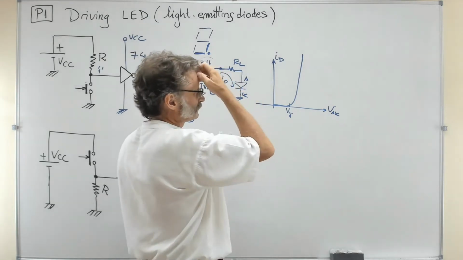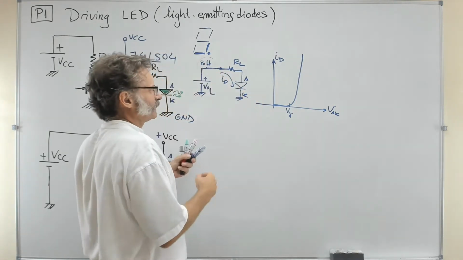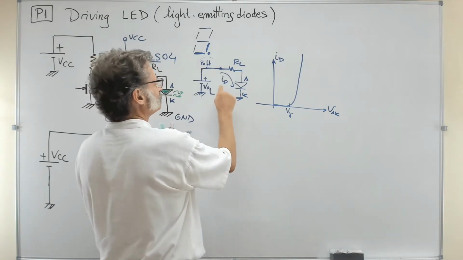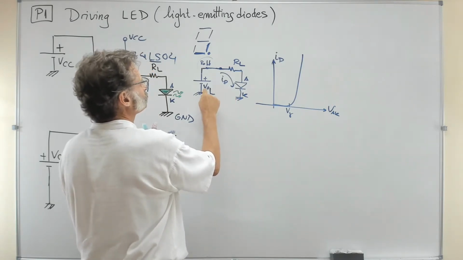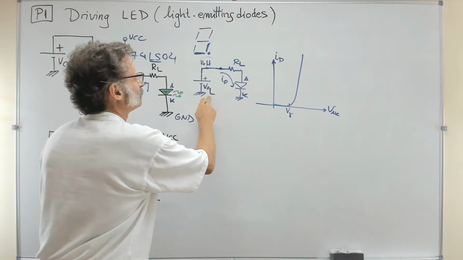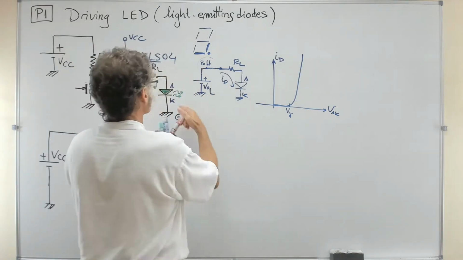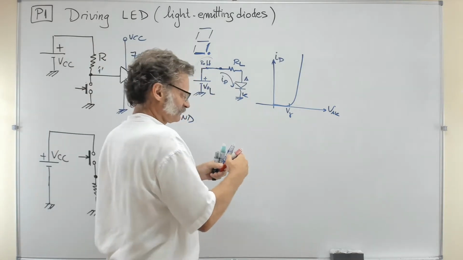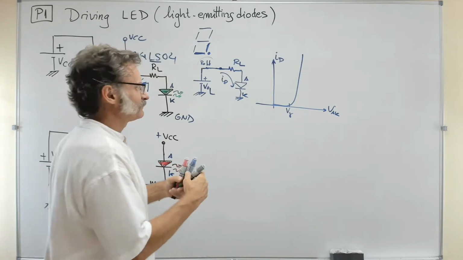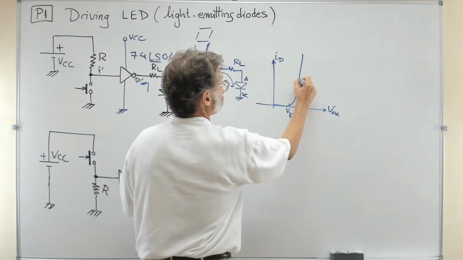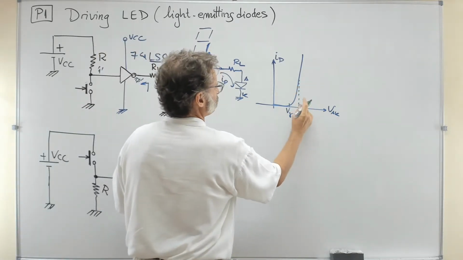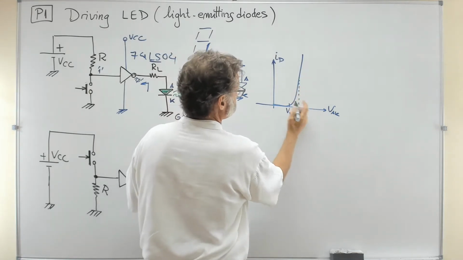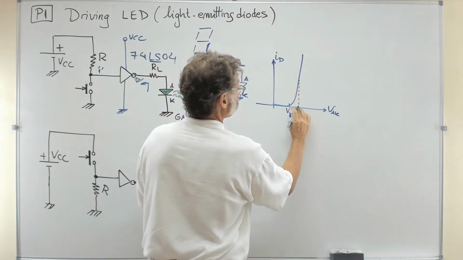So what do we like here? Light or no light? Well, we like to have light. For example, if this is a green LED, you may imagine something like 2.2 volts.